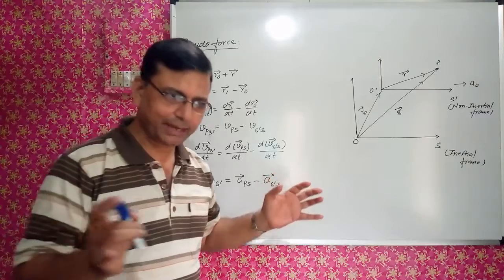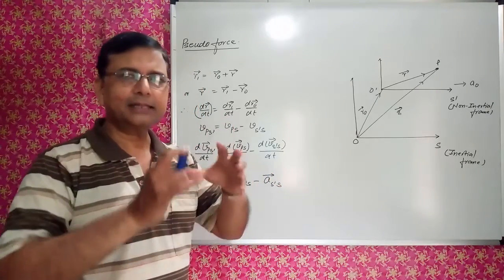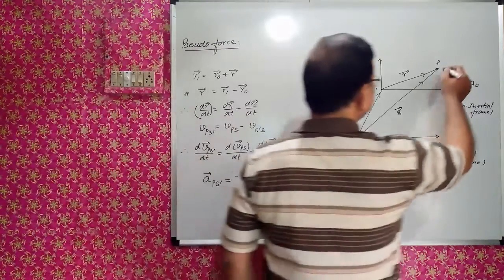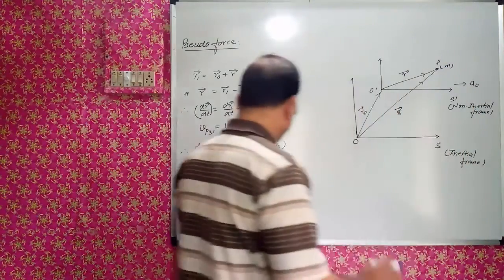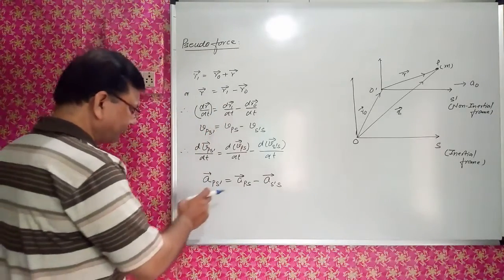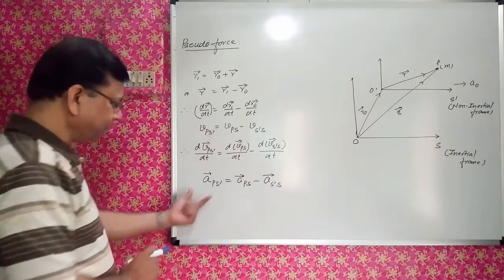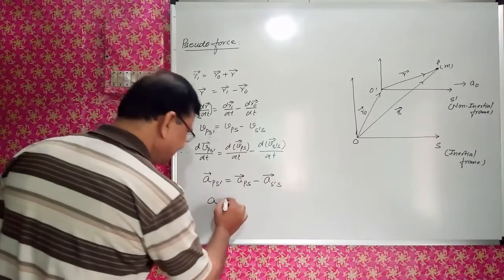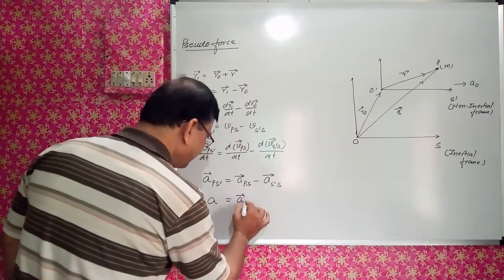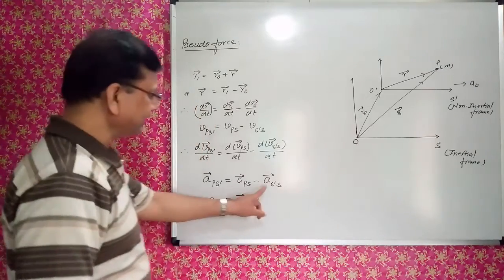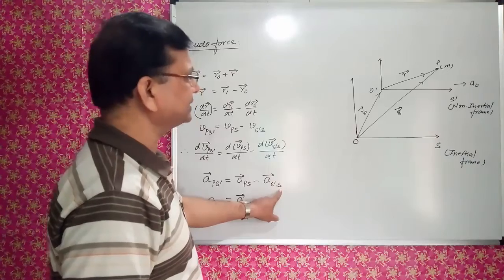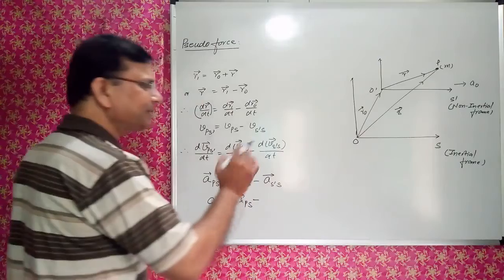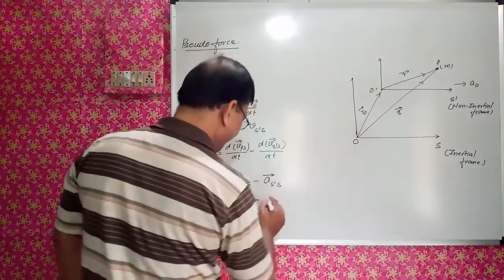Whatever force is applied on the mass will create an acceleration F by m. Suppose the mass is m. If we denote the acceleration of P with respect to S dash as a, it is equal to a(PS) minus the acceleration of S dash with respect to S, which is a naught. a naught is the acceleration of S dash with respect to the inertial frame.